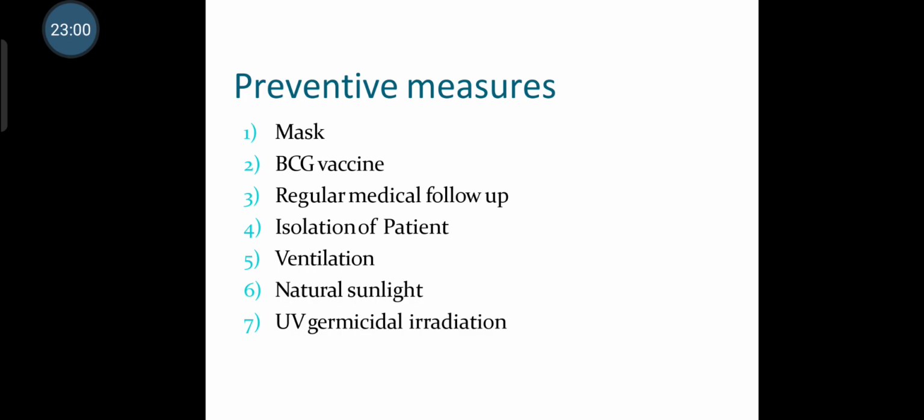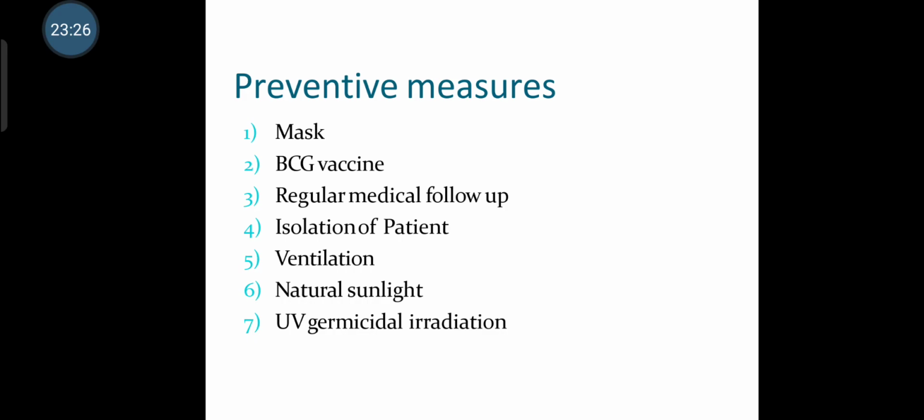Next are the preventive measures. The person who is suffering from any kind of respiratory disorder including tuberculosis must wear a mask so as to prevent droplet infection to others. BCG vaccine is very important, which is given in childhood only. Then it prevents Mycobacterium tuberculosis infection. Then regular medical checkup or follow-up is required.